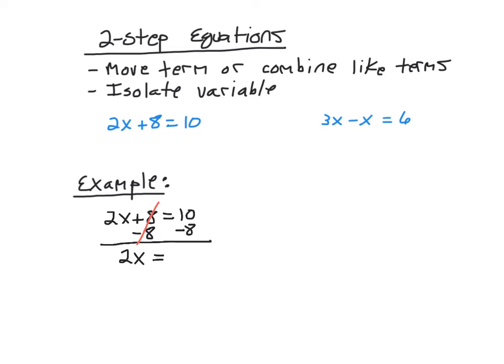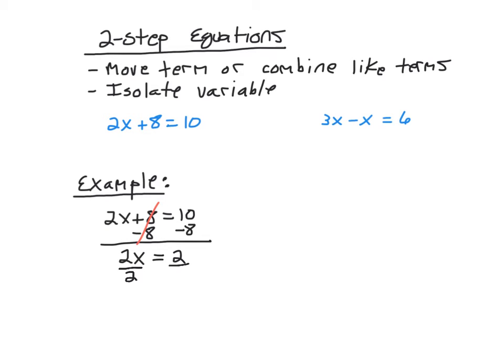And on the other side, it's just 10 minus 8, or 2. Now I've essentially moved the term over. Now I'm going to isolate the variable. Remember, it's 2 times x, so to do the opposite would be to divide by the 2. And so I divide by the 2 here.